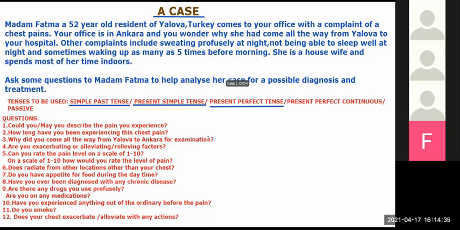Because I heard that you are one of the best heart doctors, cardiac doctors in Ankara. And there are not many good doctors for this specific field, for cardiac. Okay, you get me.